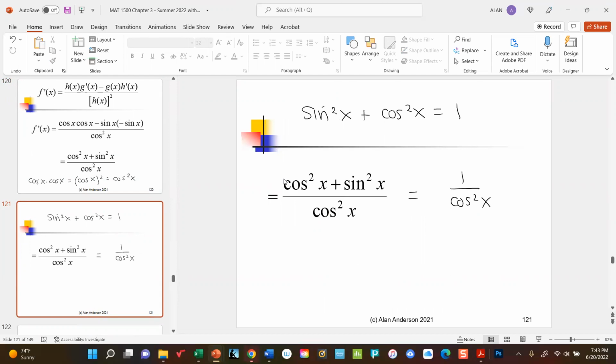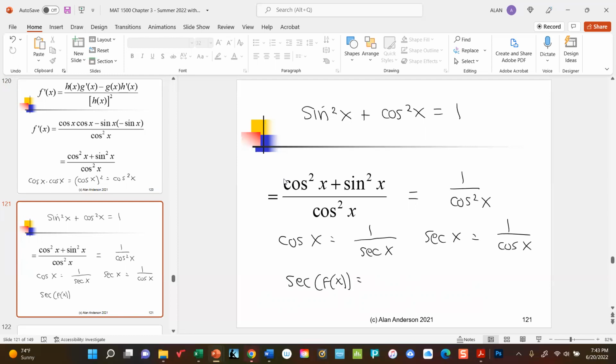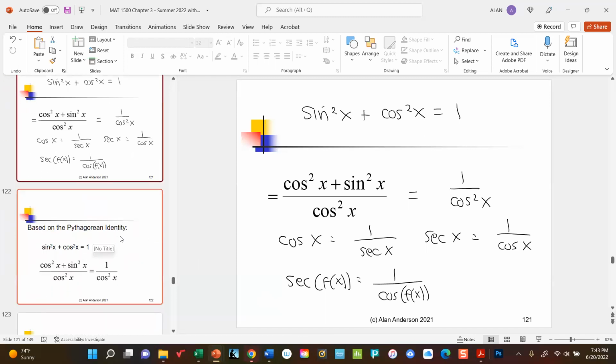Well, how does that help? Well, let me just quickly remind you. But it turns out then, you can also write this as, so therefore, what does this tell me?